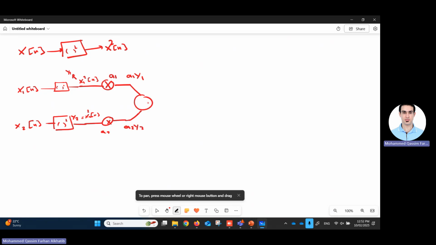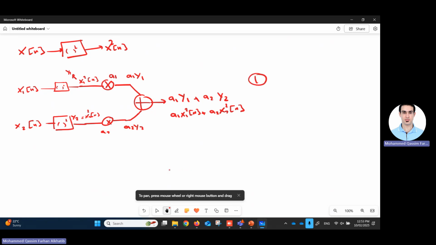Add them together, and you will get a1 y1 plus a2 y2. Or you can substitute: a1 x1 squared of n plus a2 x2 squared of n. So that's the first part.